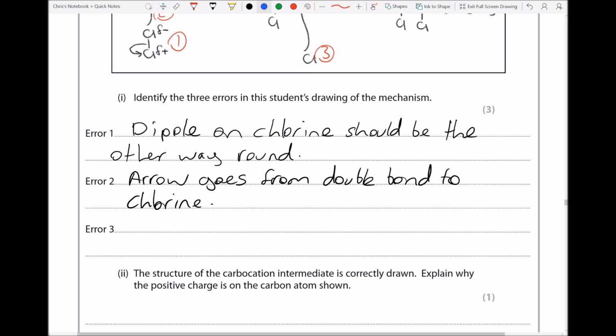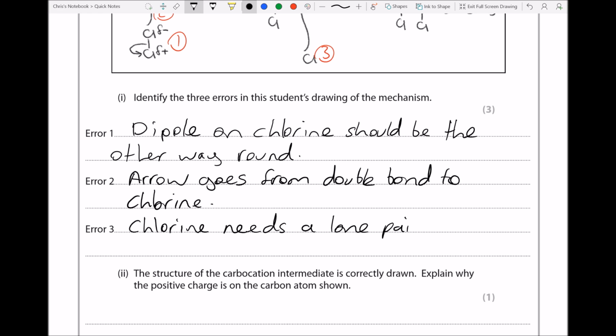So error 3 is that chlorine needs a lone pair of electrons and a negative charge. Okay, right. So that gives you 3 marks, obviously, for the 3 errors identified.